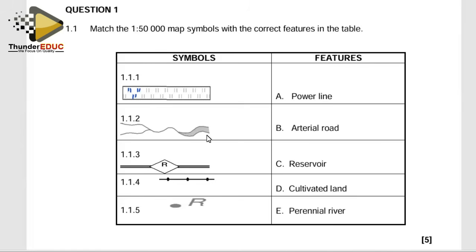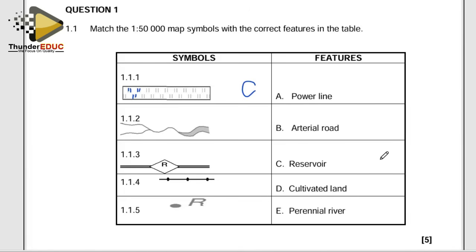If you are well aware, if you check on your map symbols, you can actually figure out that that particular symbol is used for cultivated land. So cultivated land is the one that is represented on the map using that type of symbol.